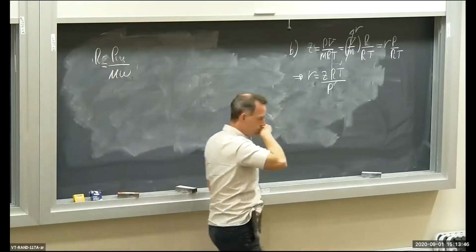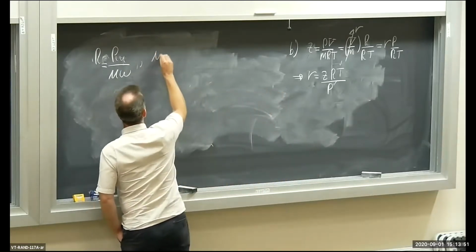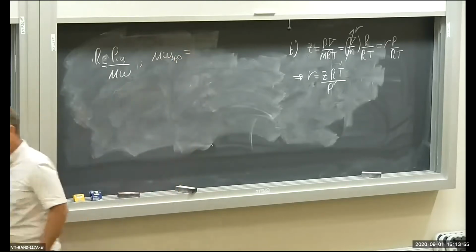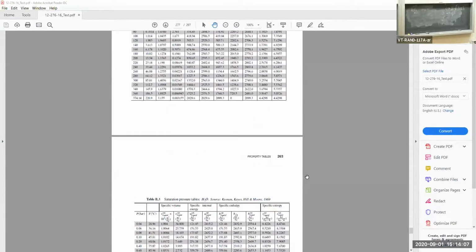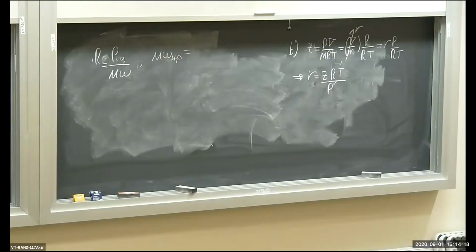Now we have H2O. So molecular weight for H2O, what is that? Let's go to our text, our notes, and let's look up the molecular weight of H2O, water. Let's go to table B1. Water, molecular weight, 18.02 kilograms per kilomole.